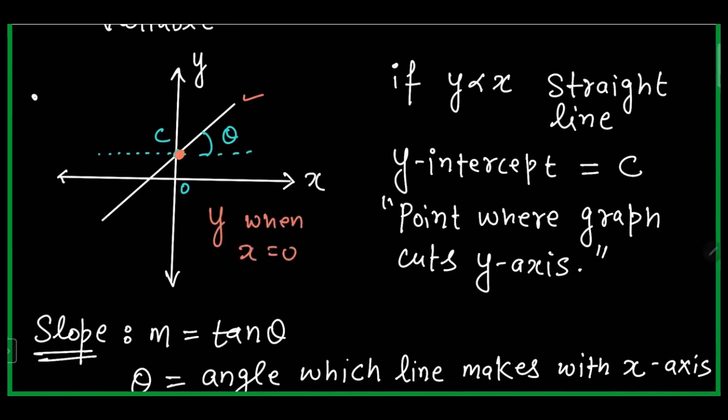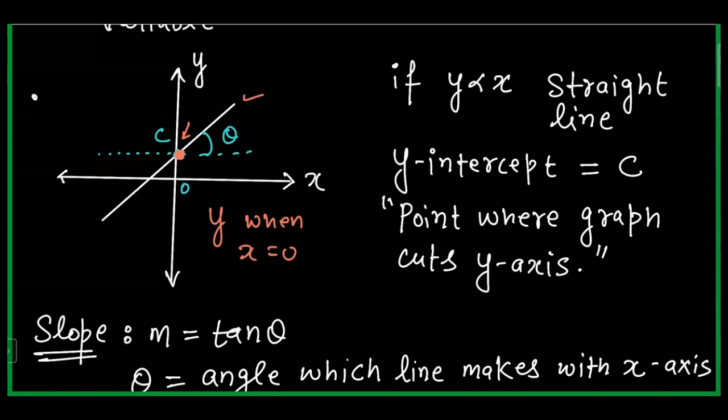At this point, you see x is 0 and the value of y is c. So the value of y when x is 0 is known as y-intercept, or in other terms, the point where the graph cuts the y-axis. Okay, so this is all about y-intercept.